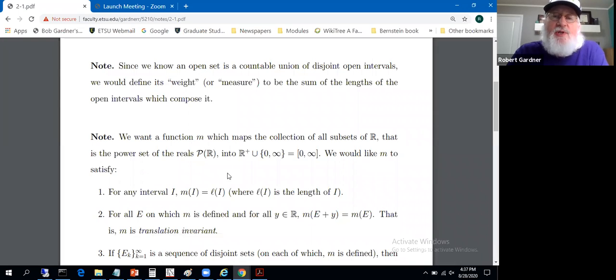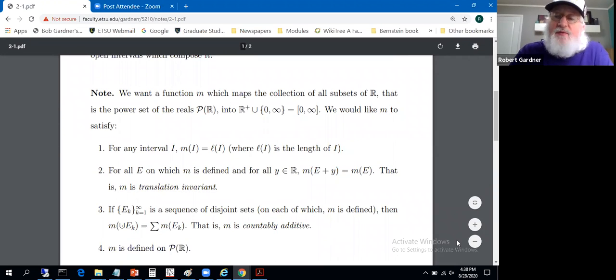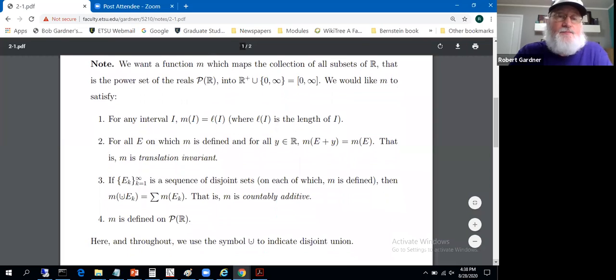So we're trying to associate a non-negative real number, or the infinity symbol, with every set of real numbers. And this is a weight that we're putting on those sets. And we want this weight to be somehow related to the length of an interval. We want it to be the length of an interval when we have an interval, because we wish this mapping, lowercase m, measure, to satisfy the following 4 properties.